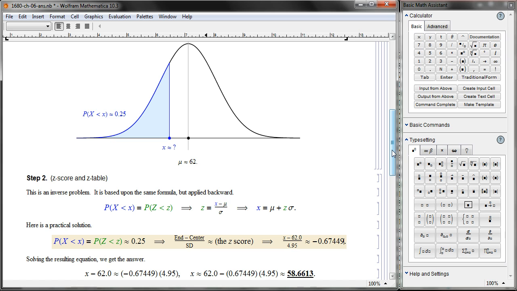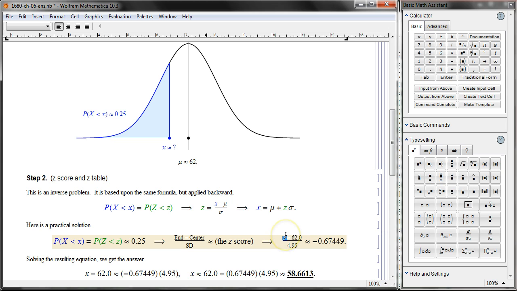If you're using the z-table alone, then you're going to get negative 0.675, but I have a better figure here because I'm using technology. Why don't I just use a little bit better number here, negative 0.67449. So all I have to do is solve this equation.